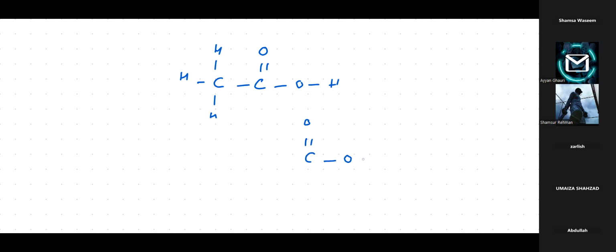So this is what we have drawn, the ester, and we just have to satisfy the valency of carbon as 4. So this is going to be methyl methanoate, an isomer of ethanoic acid, right? There's no other isomer of ethanoic acid, but carboxylic acid isomers could be their respective esters.